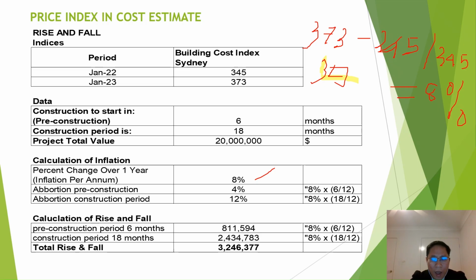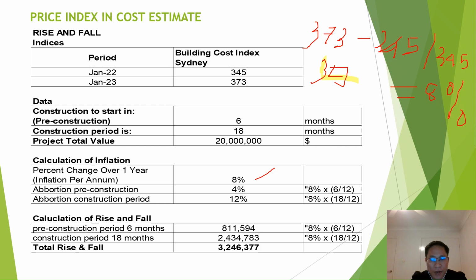So when we have the portion of inflation for pre-construction 4% and a portion for the construction period 12%, we will apply these inflation indices to our total value here.